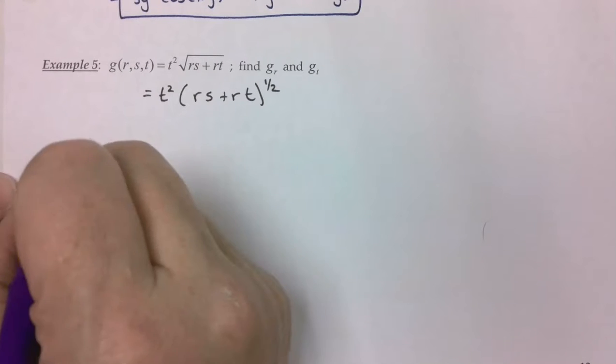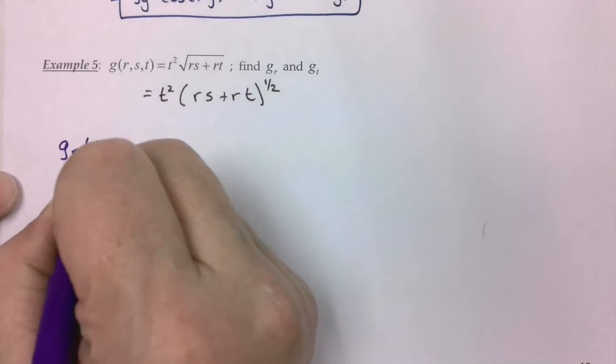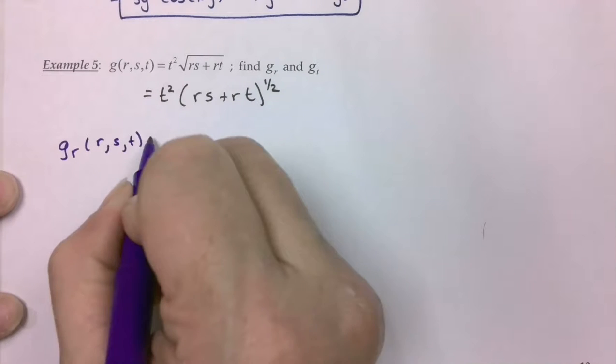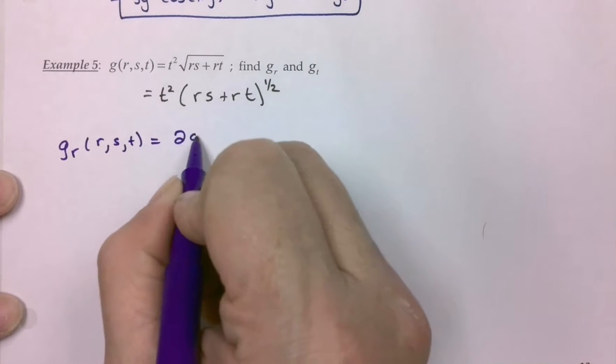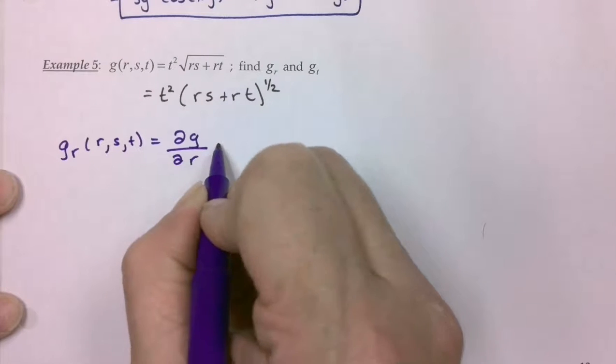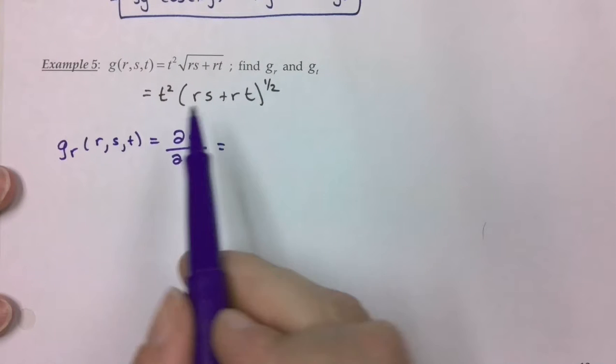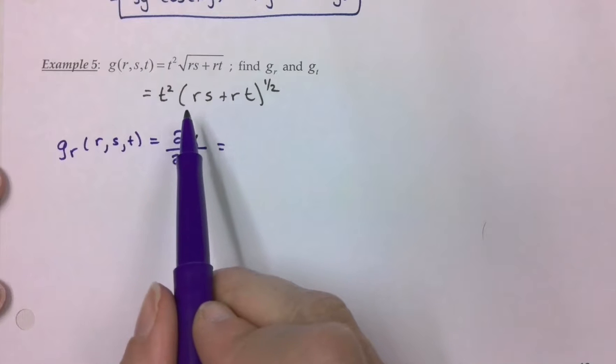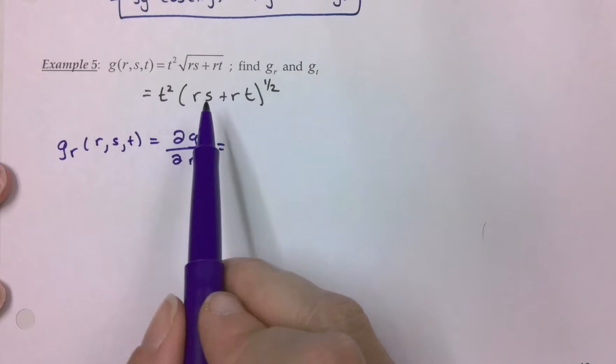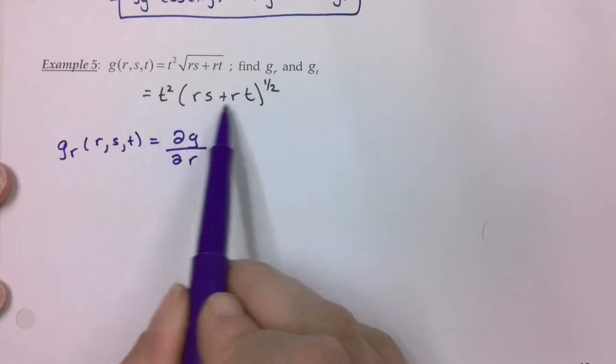So gr, of rst. In other words, it's the partial derivative of G with respect to R. Okay, well, let's see here. I have this whole thing in here. The R's are inside of it.